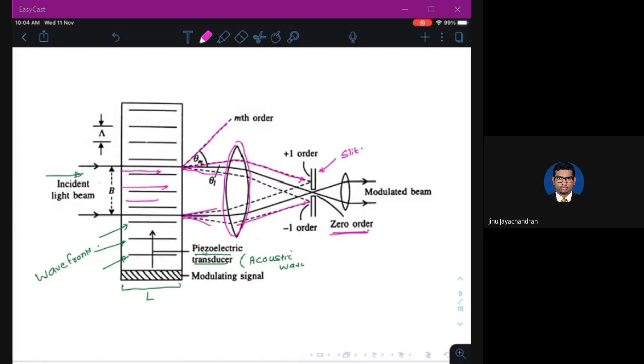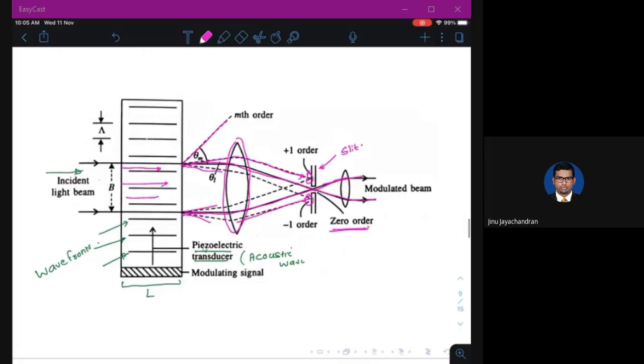Only the order which comes out directly without any diffraction is the one we need, which is this one. We use a small slit such that all other orders get filtered out and you get only the zeroth order. The zeroth order beam will be modulated with a different frequency, sorry, different wavelength or a different velocity. That's how the modulation is happening.